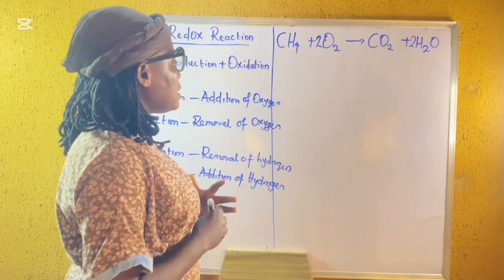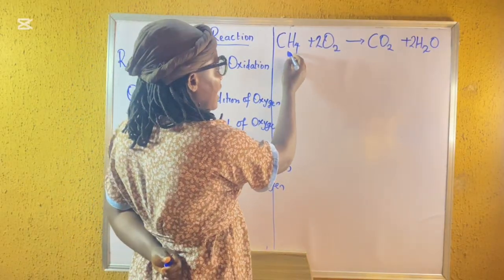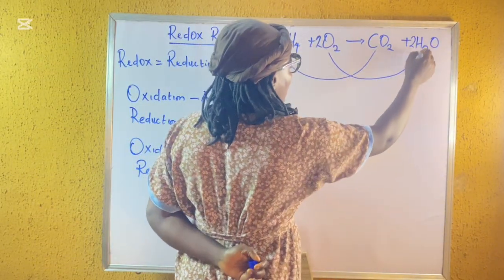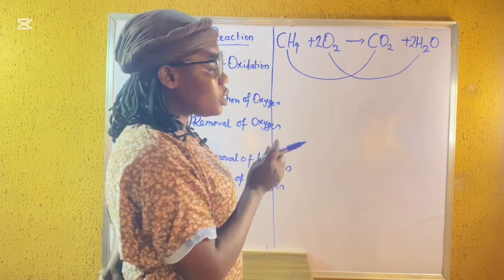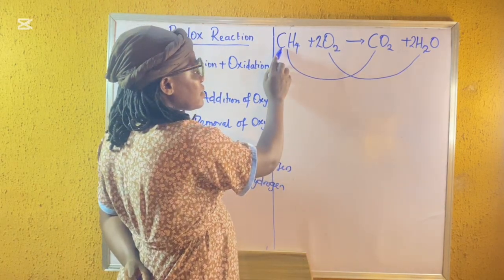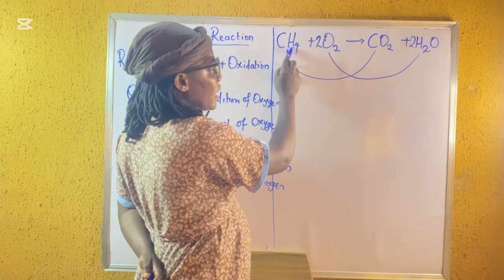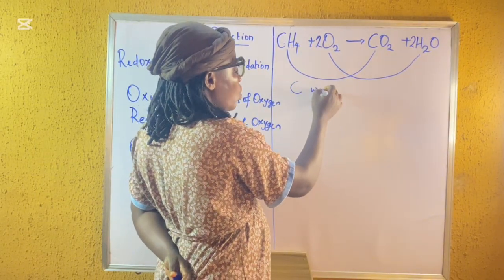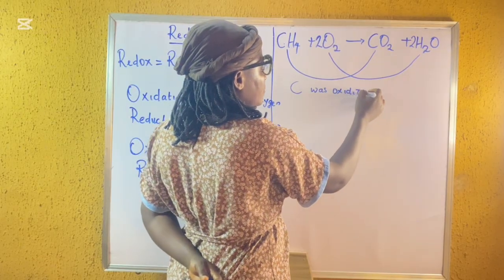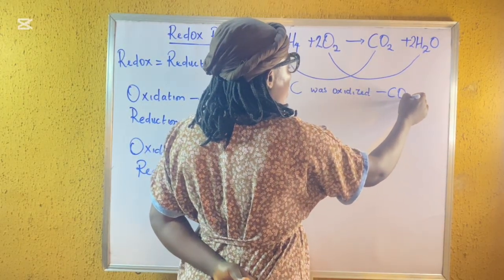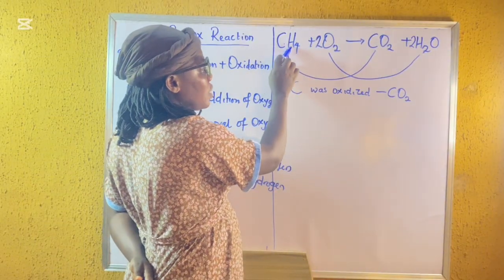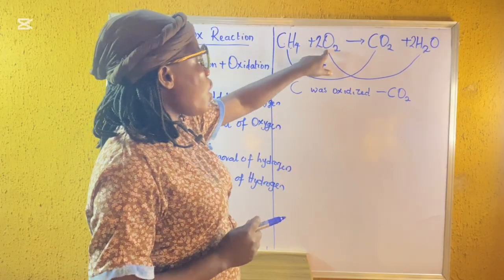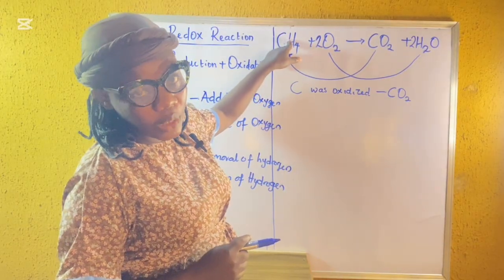So let's look at it critically. Now for here we have CH4 becoming CO2, O2 becoming this. What happens? Please look at it carefully. You will see here that hydrogen was lost here and was replaced with oxygen. So that means carbon, C, was oxidized to give CO2. And also there was a removal of hydrogen. If there is no removal of this hydrogen, oxygen cannot attach itself to carbon.